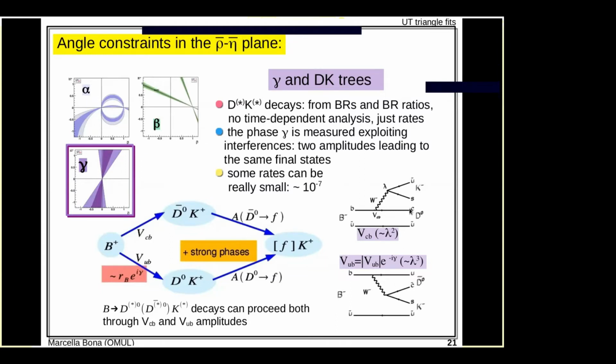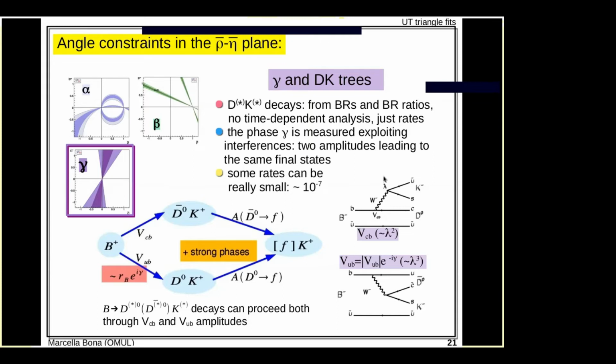And in this case, there are three diagrams. And you see the two paths that your decay can take, and how they can interfere.